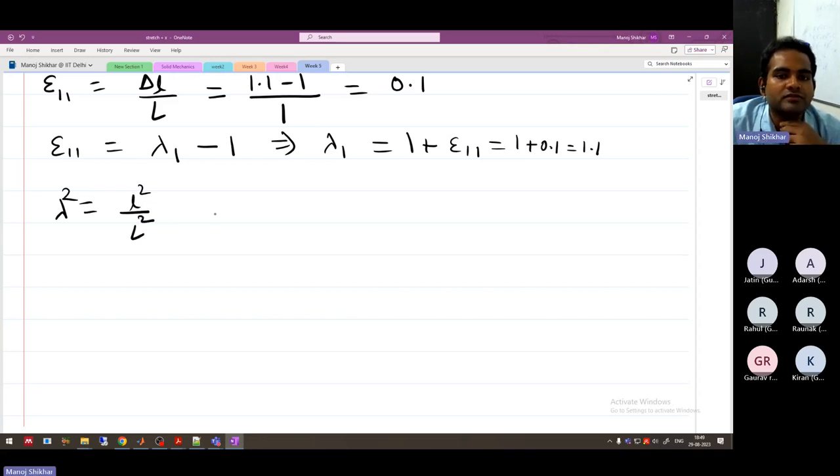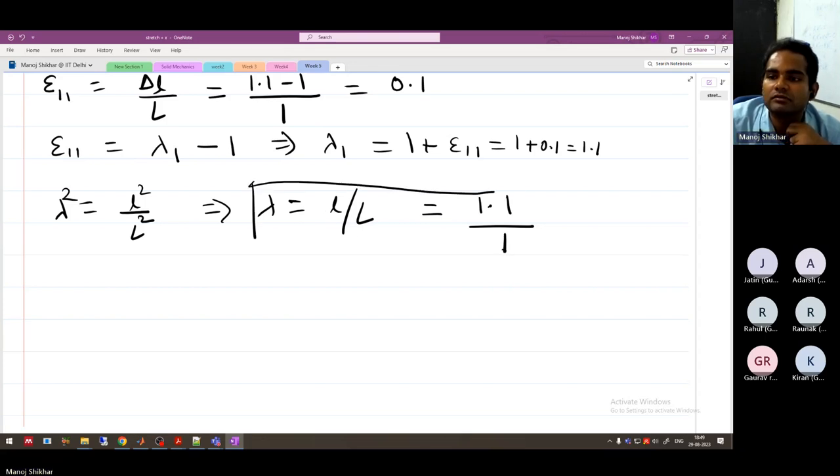So this is how the stretch was defined, right? So the final length square by initial length square. So what is our final length? It is 1.1. So this was the definition for a square of a stretch. So what is our final length? It is 1.1 and here it is 1. This will be the value of a stretch.